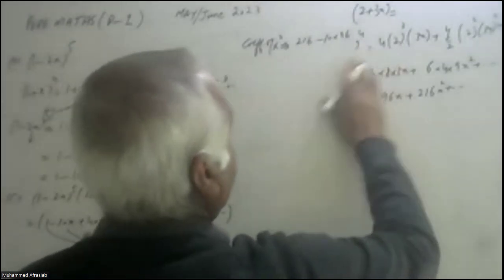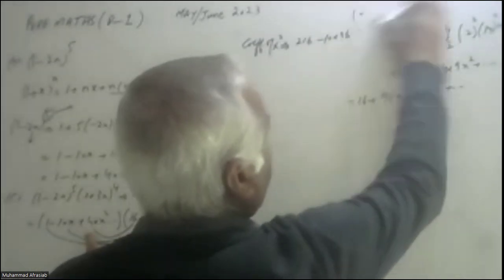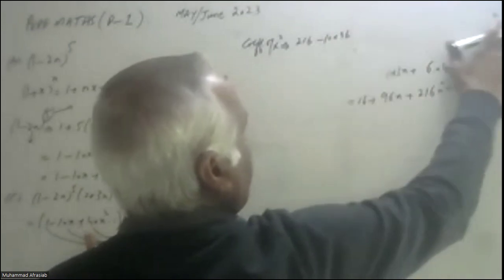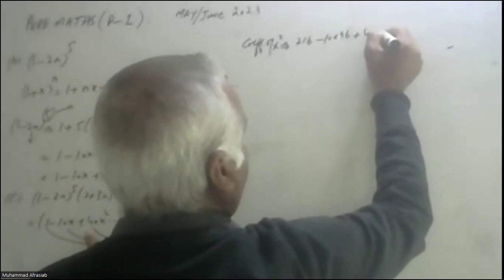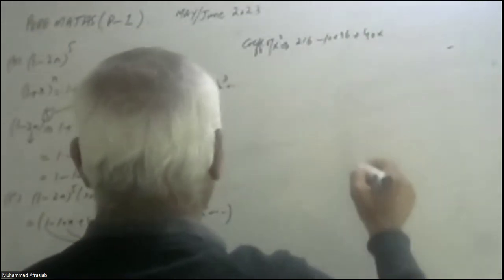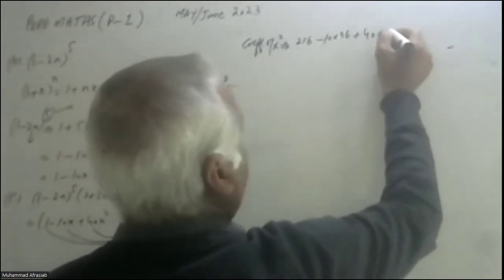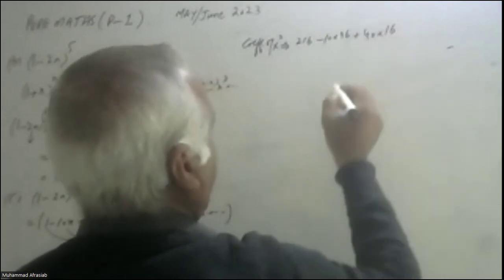And then plus 40 into 16, that is going to give x squared only.